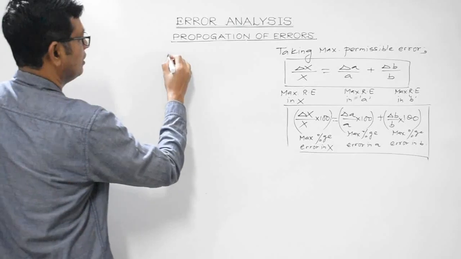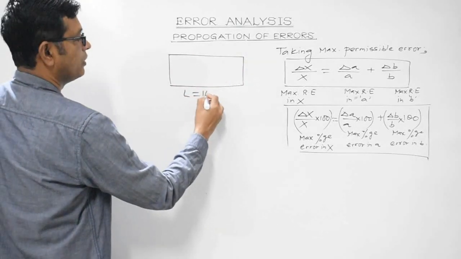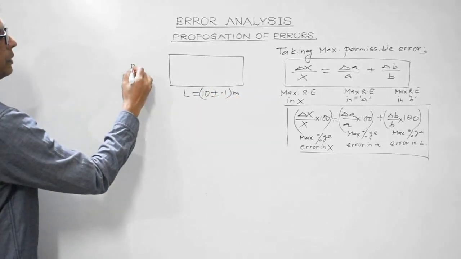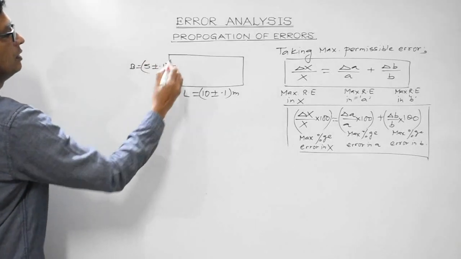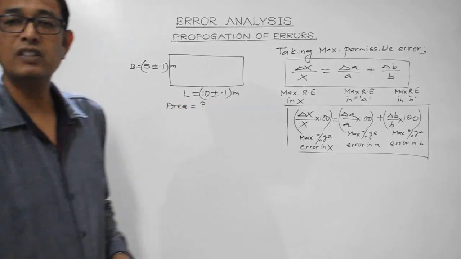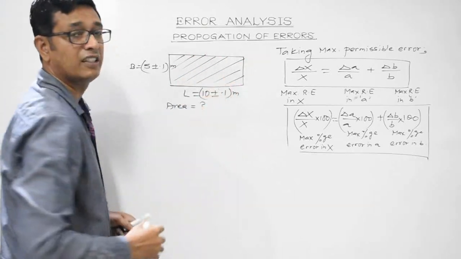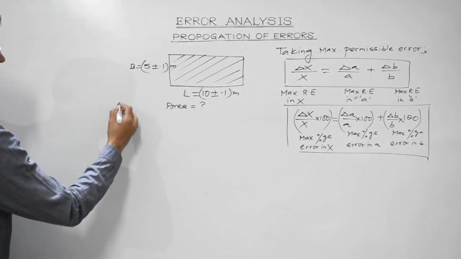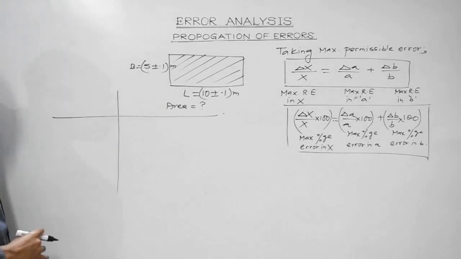Suppose a rectangular field is given. Its length is measured to be 10 plus minus 0.1 meter, while the breadth is measured to be 5 plus minus 0.1 meter. Find out the area and express the result. We are supposed to find out the area of this field and express the result in terms of absolute error and percentage error. What I have told you is, we'll do it in two parts: true value and error.